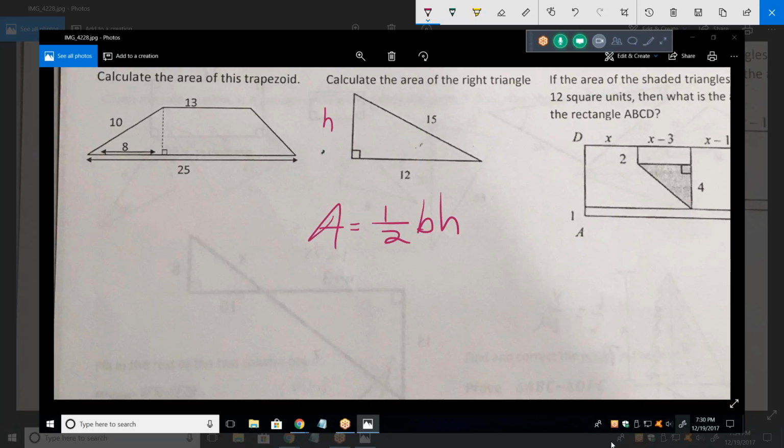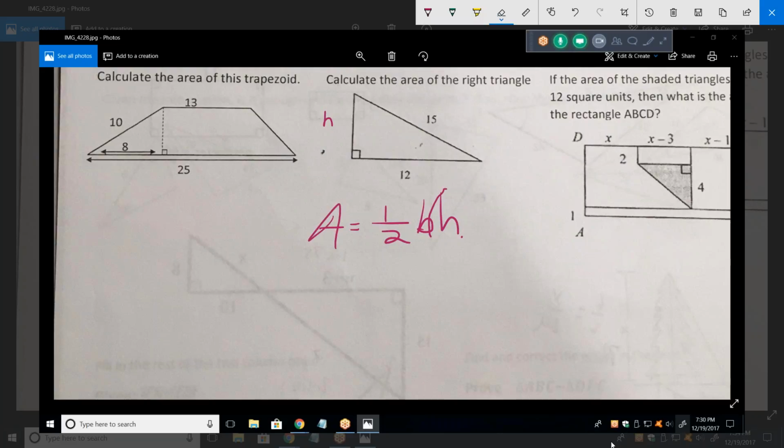That's right. But that's not 180, because you multiplied base times hypotenuse. That's not the hypotenuse. That is the height. That's what I'm calling H right there.